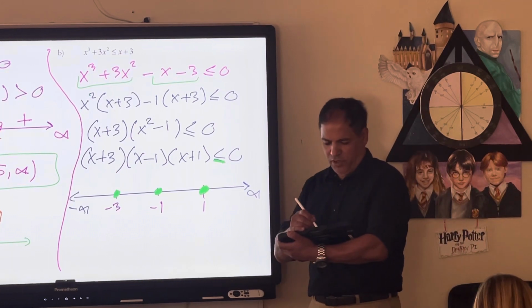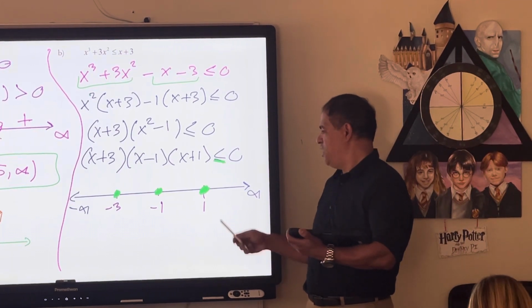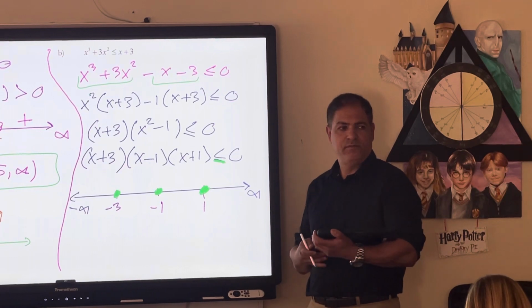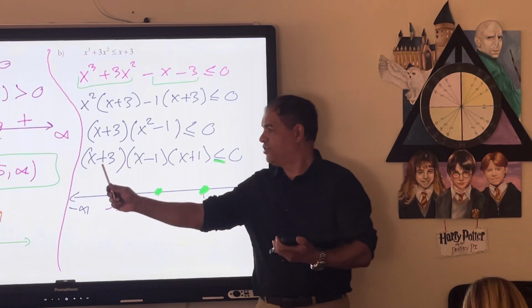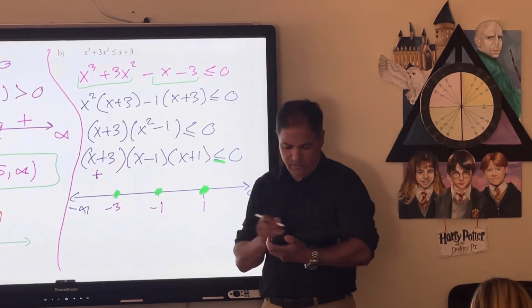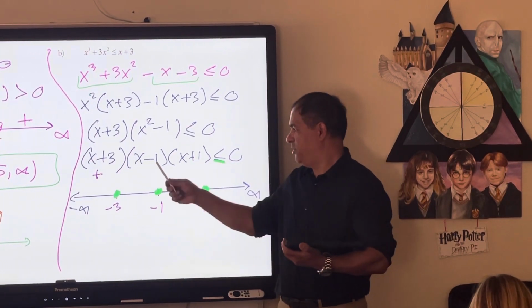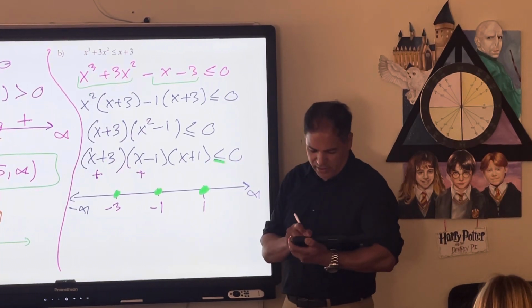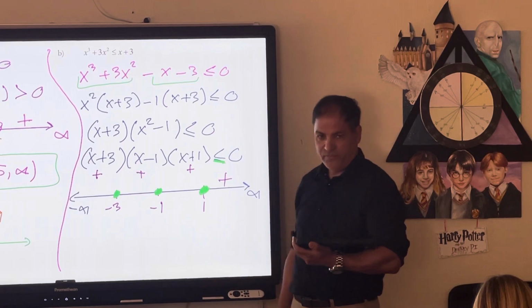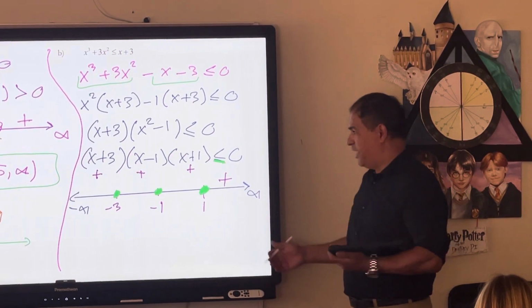Now, we need to check the intervals. Let's choose a number greater than 1. 2. 2 plus 3 is positive. 5 is positive. 2 minus 1 is positive, and 2 plus 1 is positive. There is a shortcut to this.